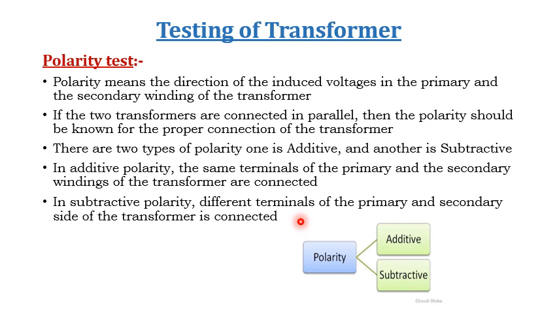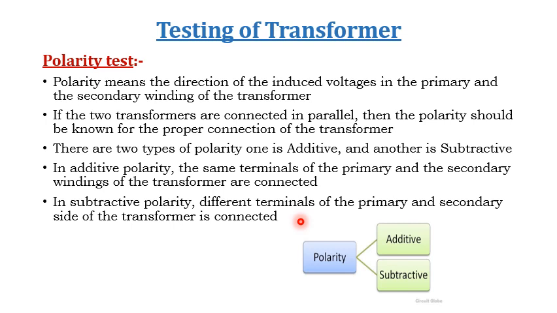transformer primary winding, obviously the primary winding consists of two terminals. One terminal has a positive potential, and another terminal has a negative potential.